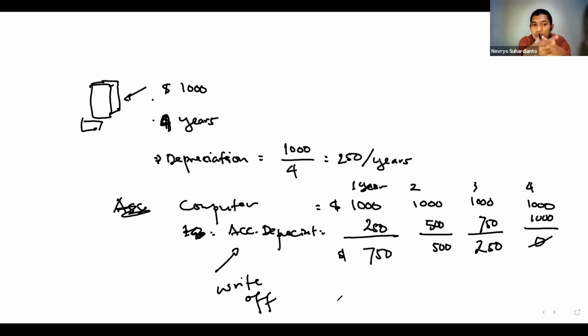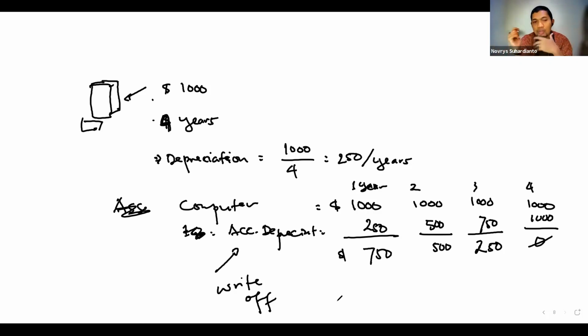So in this chapter, what we learn is only how to record, or how to recognize the consumption, or the expired benefit of the asset. That's all.